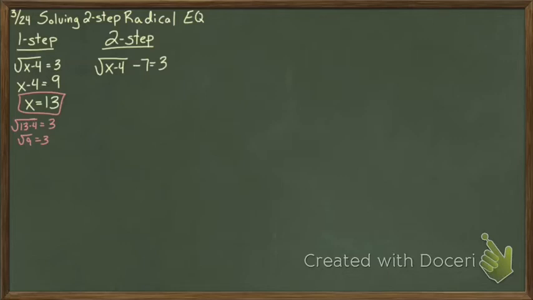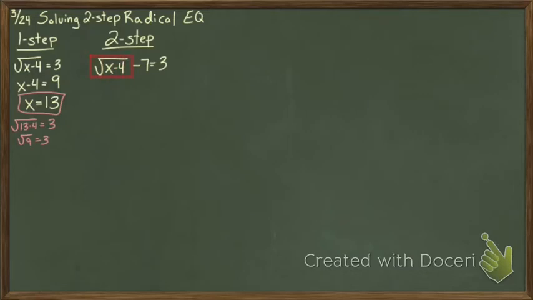So the first thing I'm going to want to do, and we'll write these steps down here in just a second, the first thing that I need to do is to get the radical by itself. So I'm going to take that right there, that square root of x minus 4, and I want to get it by itself.